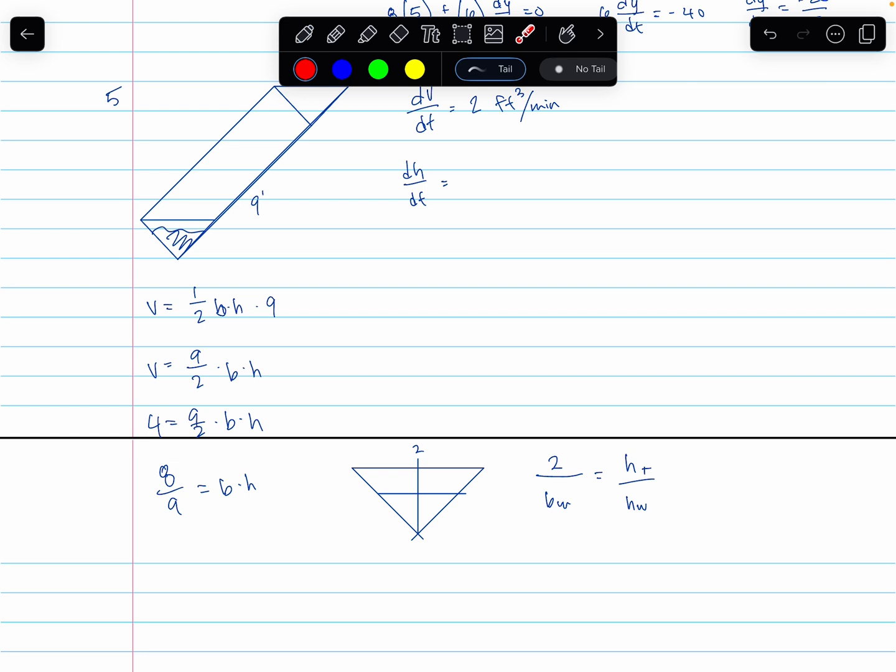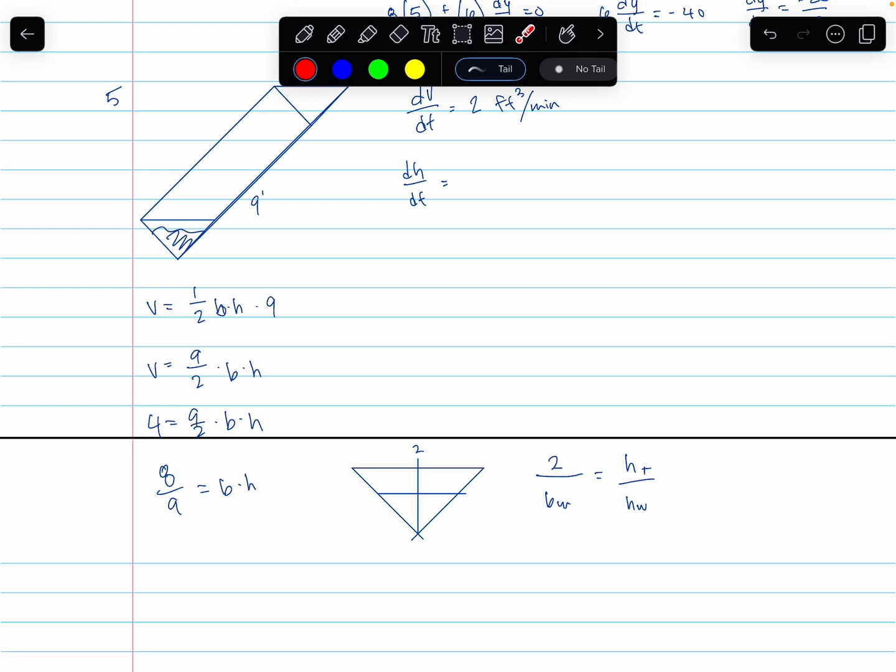Missing something here. Missing something. Sorry, you guys have to wait as I think through this. Give me a second. This is why I like these, though.